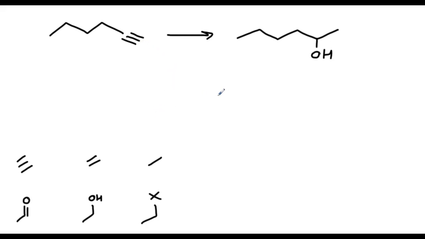All we're doing right now is just interconverting functional groups, ultimately from an alkyne to a Markovnikov alcohol. There are actually 2 different ways to go through this, and we're going to focus on one of them right now.